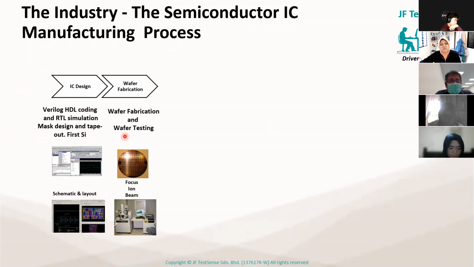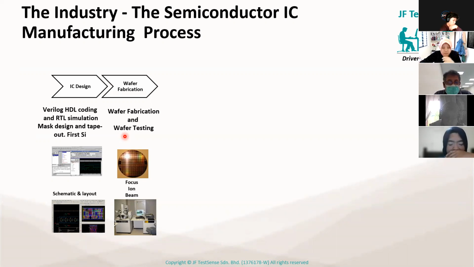Once the design is done, that will be followed by wafer fabrication. Wafer fabrication normally is done by foundries, and there are over 100 wafer fab foundries in the world. The biggest one is in Taiwan, Taiwan Semiconductor Manufacturing Corporation, TSMC. They are the most advanced and biggest wafer fab.